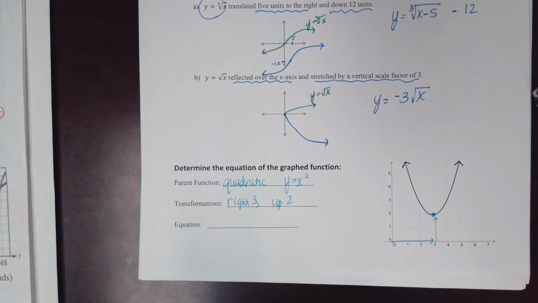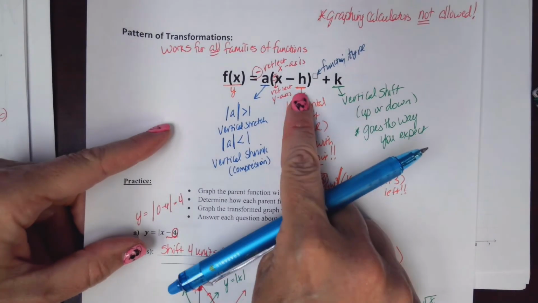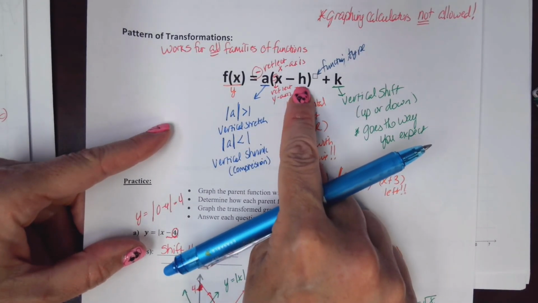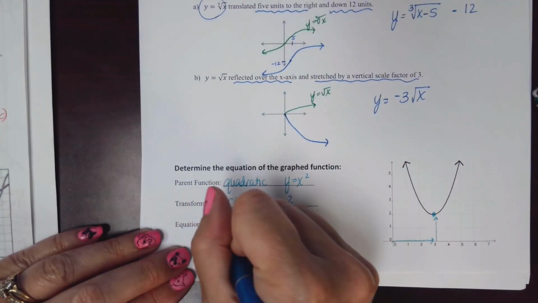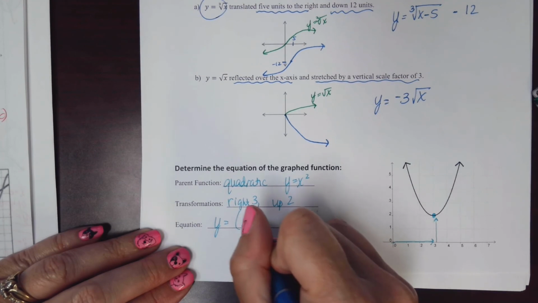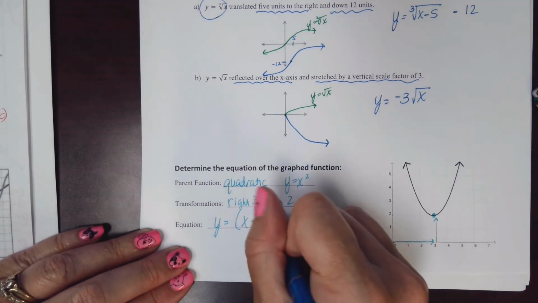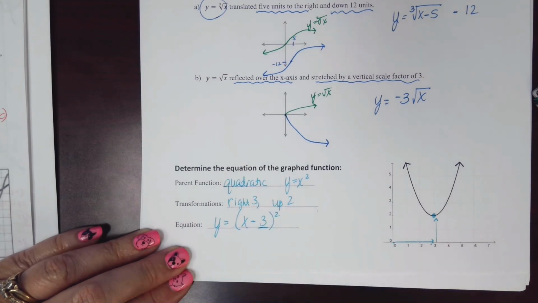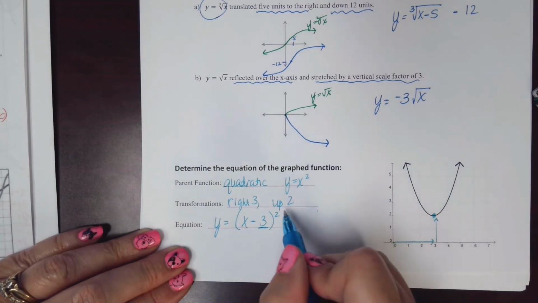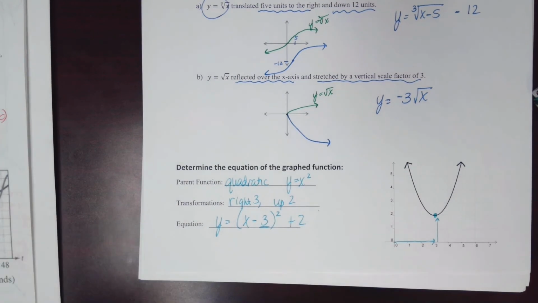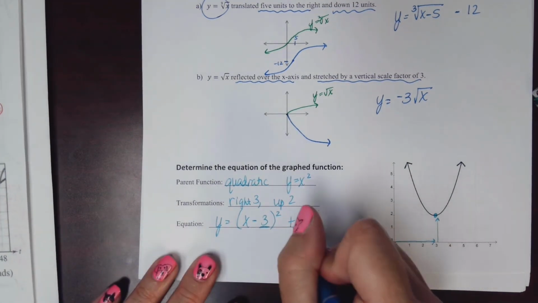So when I think about my pattern of transformations, I have a horizontal shift, plugging in a positive 3, and I have a vertical shift. So I have y equals x minus, and then my shift to the right is 3 units, squared because it's quadratic, and then it needs to go up 2, so plus 2 for my vertical shift.